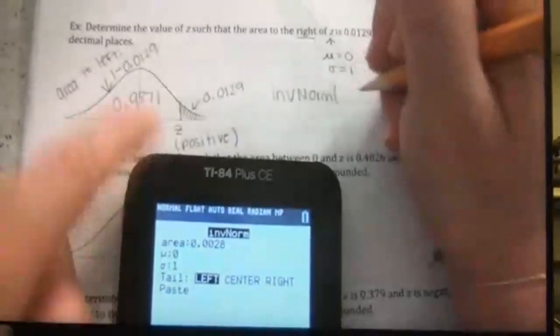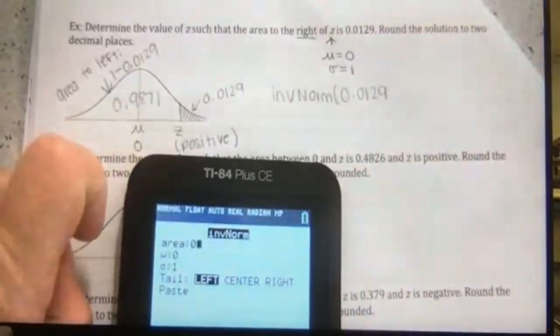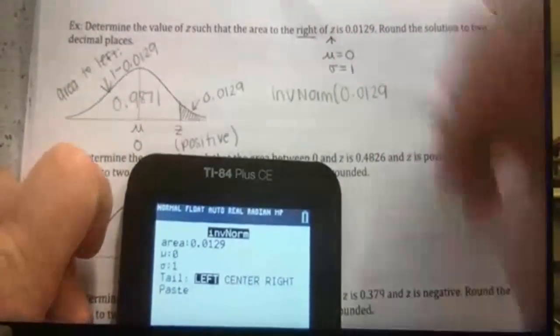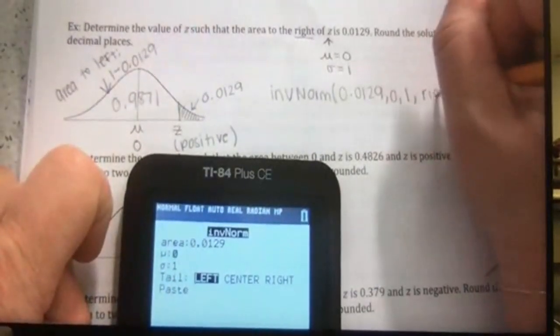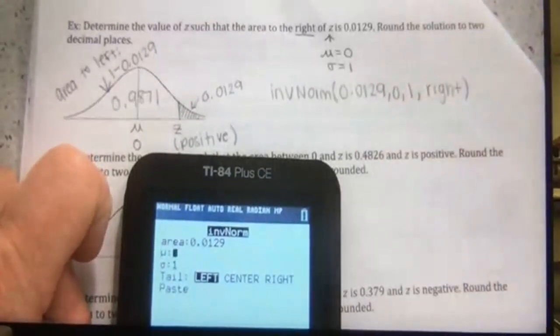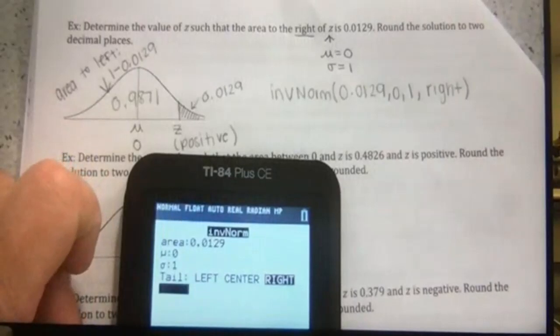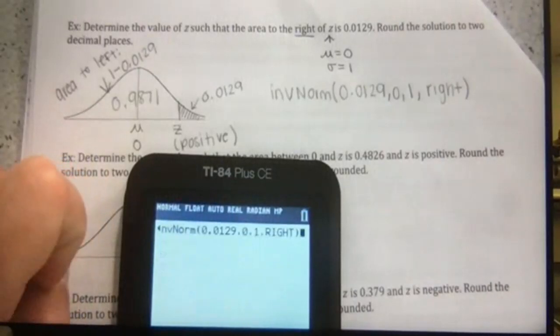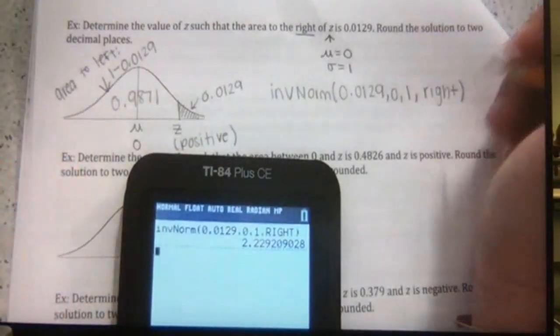So my area to the right is 0.0129. Our mean is 0, and our standard deviation is 1, and that's area to the right. So I'm going to go to right, press enter to highlight right, press paste. It should all look the same. Press enter. Same thing that we just got. Our z value is 2.23.